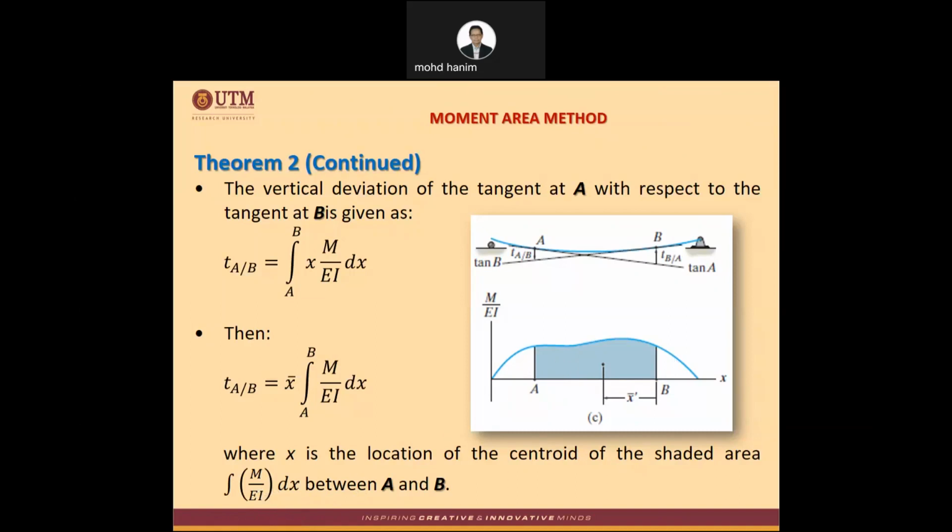Okay. So again, if we know the mathematical formula of M and dx, we use the integration formula. But if we do not know the mathematical relationship between M and dx, maybe it is triangular or rectangular, then we use numerical integration.